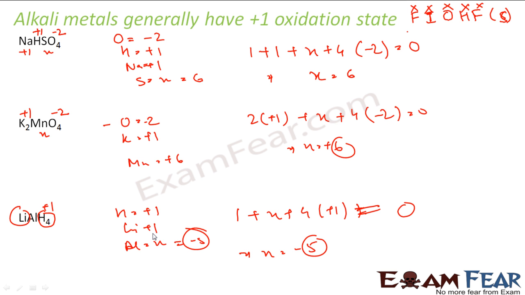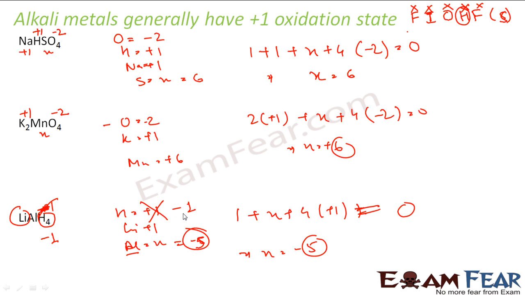But is this correct? Do you think aluminum is -5? There's something wrong here. Let's revisit things. Free rule we can't apply. Ion rule we can't apply. Oxygen, there is no oxygen. Hydrogen, remember there were some exceptions. In case of hydrides, it was -1, not +1. Correct?